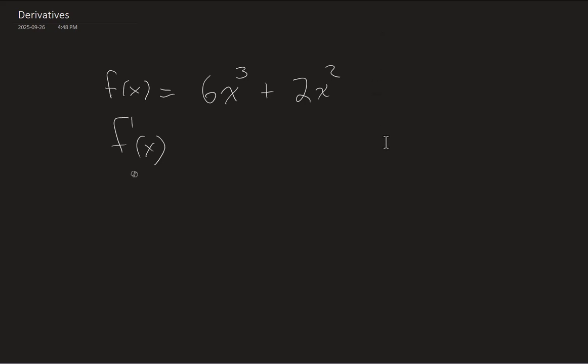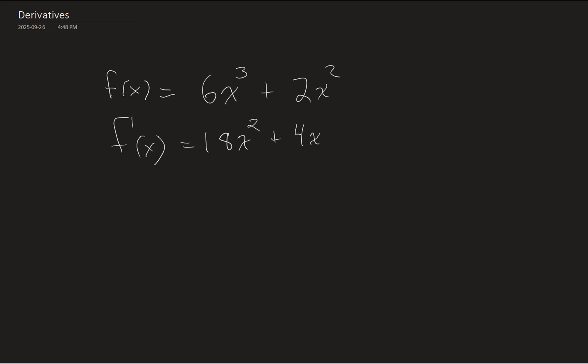So here we get 18x squared, so you multiply first, then subtract, plus 4x, you subtract 1 from 2, you get 1. 4x, that's understood. When you have just an x, it's understood to have the exponent 1.